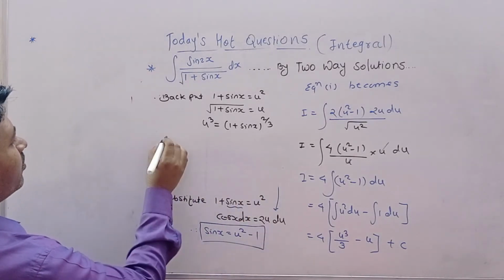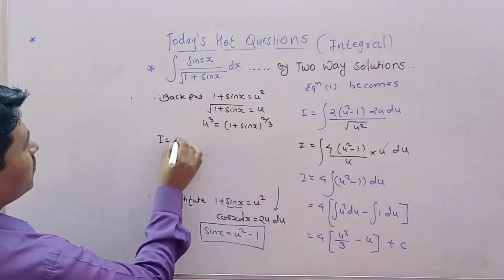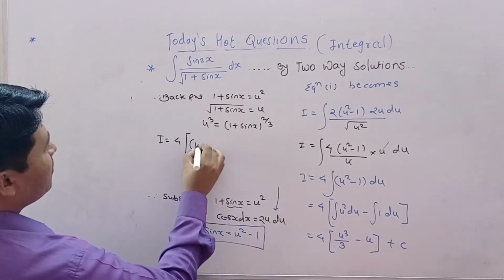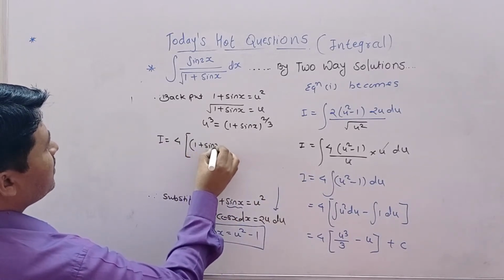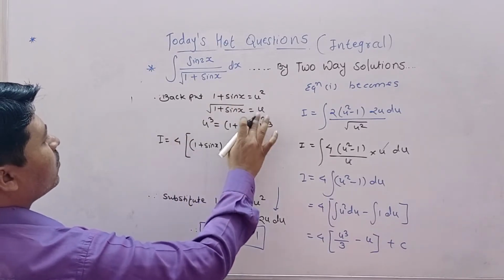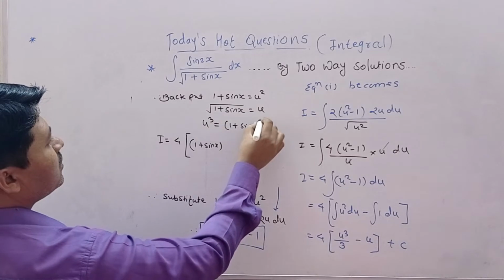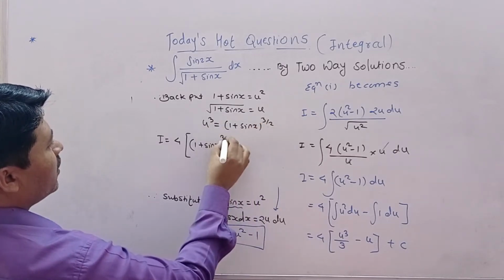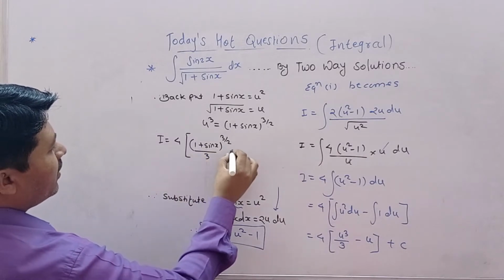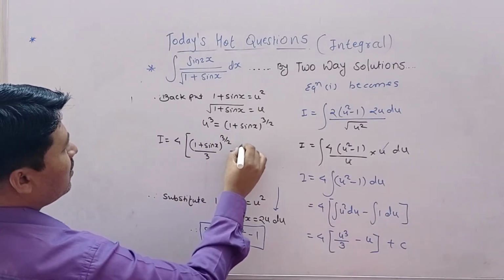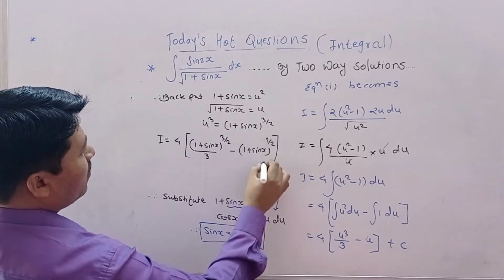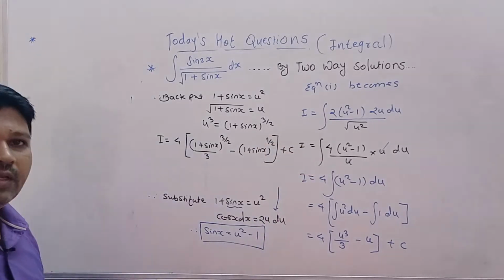Therefore, this integration becomes I is equal to 4 times u cube, that is 1 plus sin x raised to 3 by 2, divided by 3, minus u, that is 1 plus sin x raised to 1 by 2, plus the constant of integration.